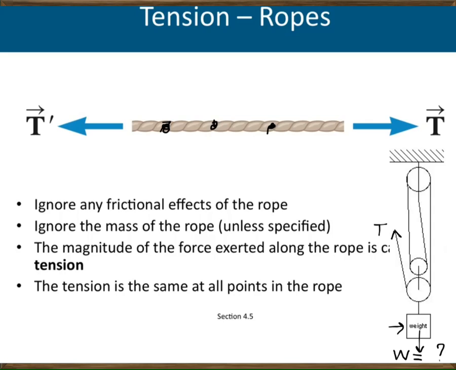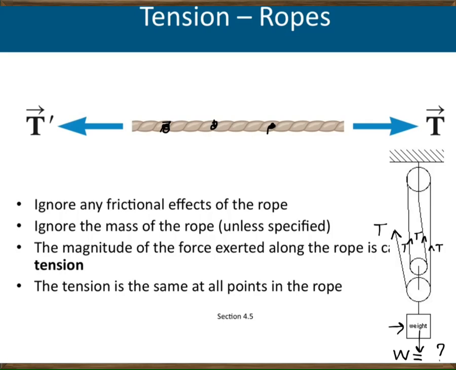One rule about the ropes, tension: on the same rope, on the same string, tension is the same. Okay? So this rope is the same as this part, and this part is also the same rope, because they are all connected. This tension, and this one are all the same.